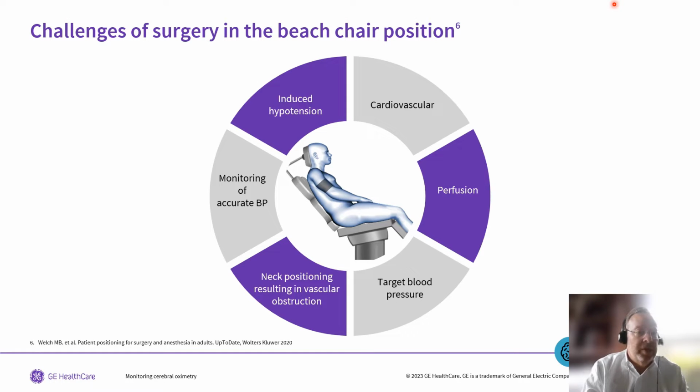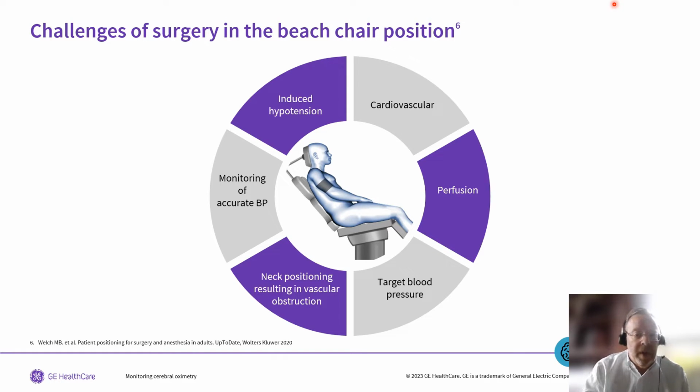There's also increasing amounts of published evidence that our old blood pressure targets, where we used to say the brain autoregulates to a mean arterial blood pressure of 50 and above, may actually be too low. What we know now is that that's possibly and most likely too low for good organ perfusion for most patients, particularly those with comorbidities.